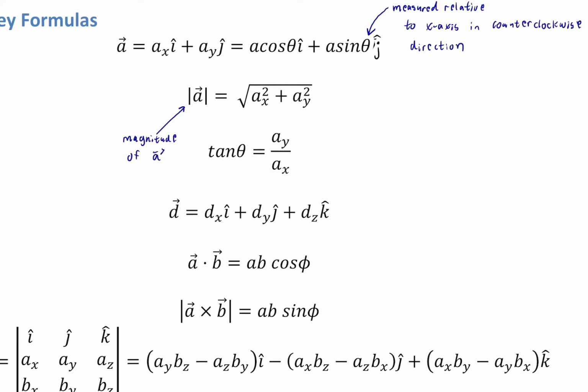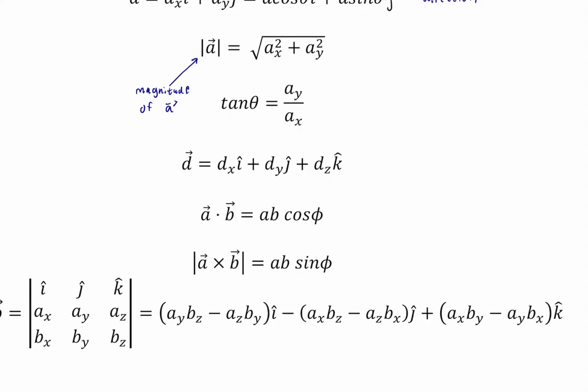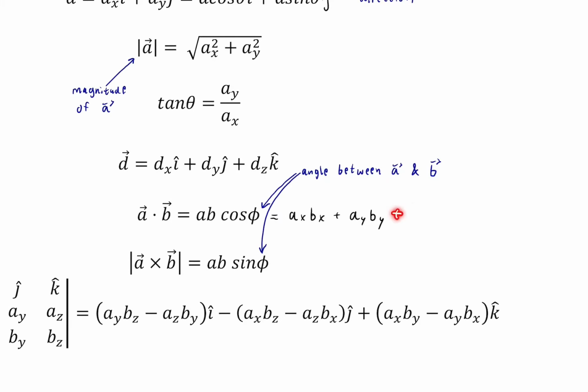Now finally, the dot product and the cross product. So far I mentioned that the dot product is ax bx plus ay by. It's like grouping together the components. And you can also put, as we'll see in examples, az bz on there if there's a z component of either vector. But another way to denote the dot product, which after all is only a magnitude, is to write it as AB cosine phi, where phi is the angle between the vectors A and B. These two results look very different.